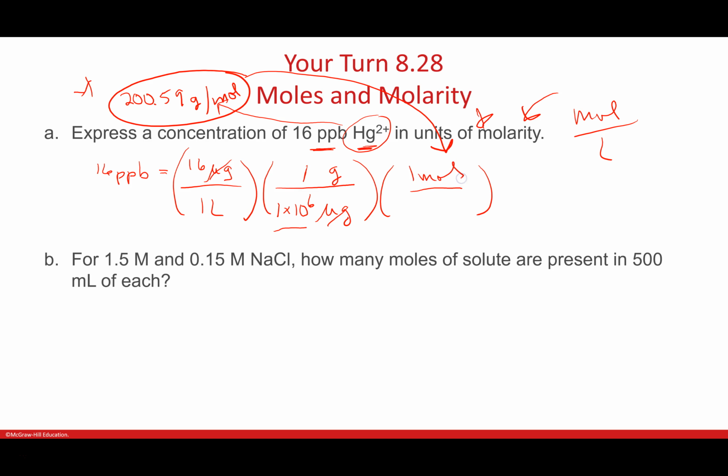She said 1 mole on the top and 200.59 grams on the bottom. Natalie, can you type that out? That's a hard one.